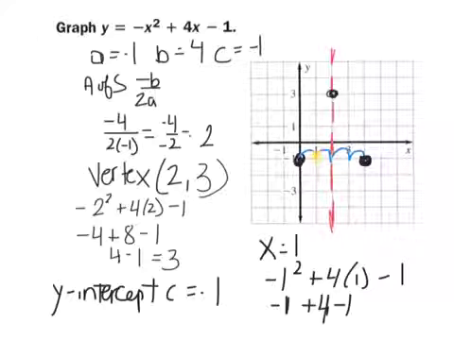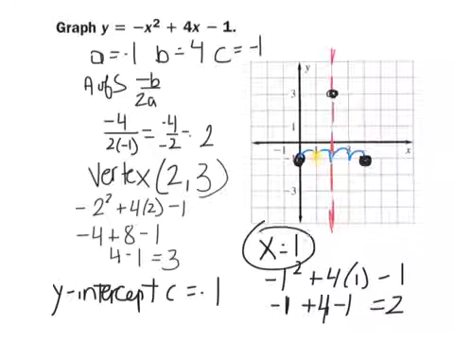Which when I solve that, negative 1 plus 4 is 3, minus 1 is 2. So I have a point at x equals 1, and the y is 2. Point right here, which to reflect is 1 point from my axis, so I go 1 the other way. And there's my other dot.